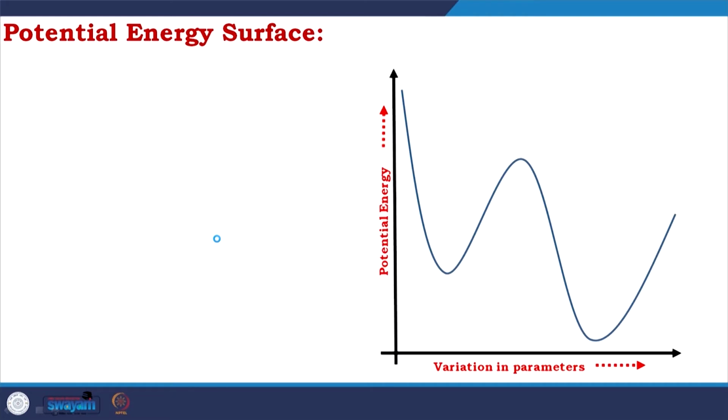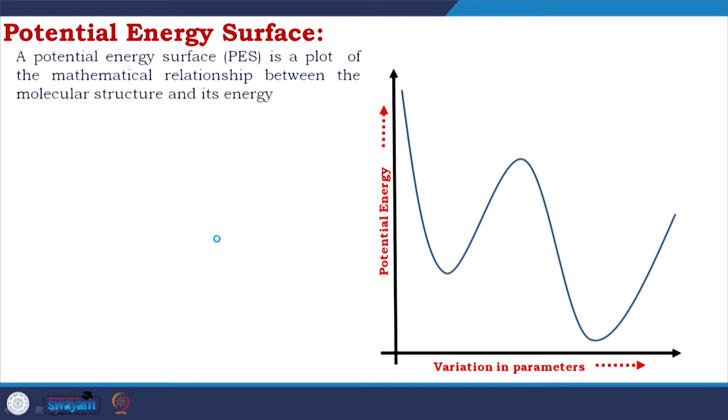A potential energy surface is a map. You will see here in the x coordinate there is a variation in a parameter, and in the y coordinate there is potential energy. So, a potential energy surface is a plot of the mathematical relationship between the molecular structure and its energy. On one side there is energy, on the other side the change defined by the variation in the parameters.